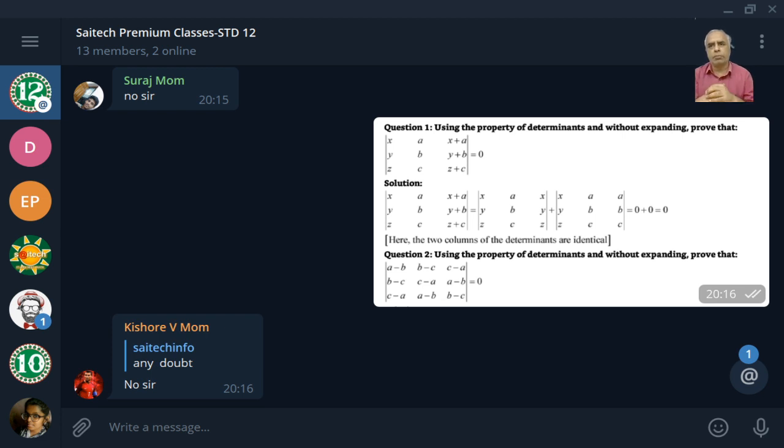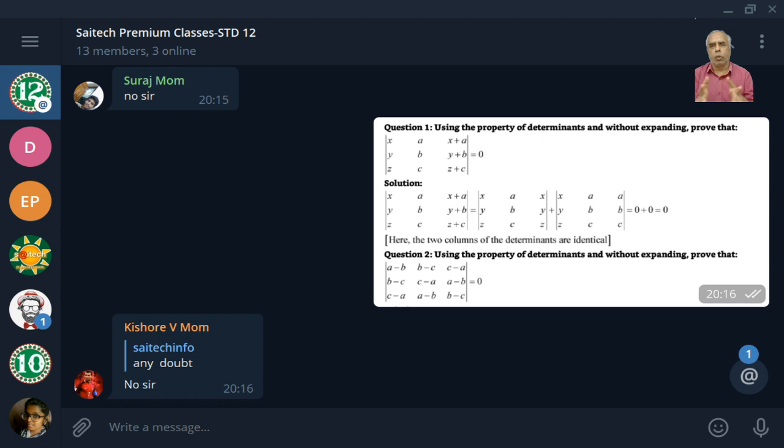So it makes 0 as per the property we know, because the first column and the third column are identical. And in the second determinant, the second column and third column are identical, so that becomes 0. So by adding these two zeros, you get 0.